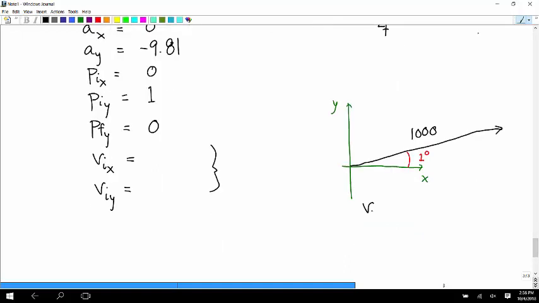So that initial velocity vector is 1,000 times, to go counterclockwise from the x-axis, you go 1 degree. So 1,000 times the cosine of 1 degree, 1,000 times the sine of 1 degree.